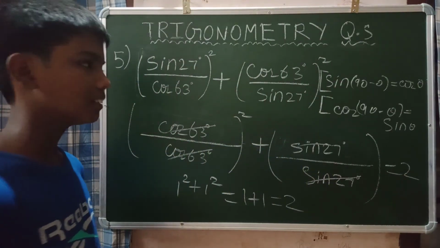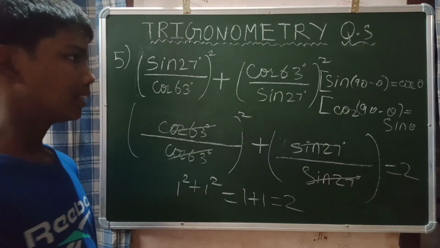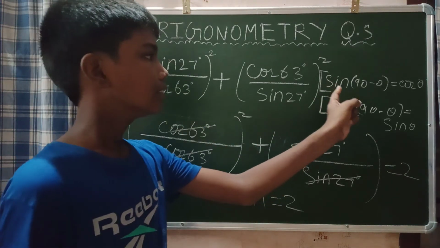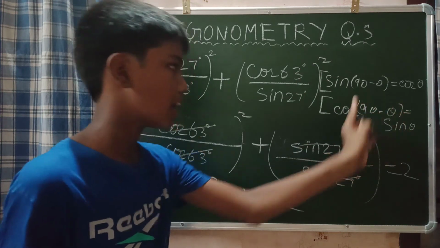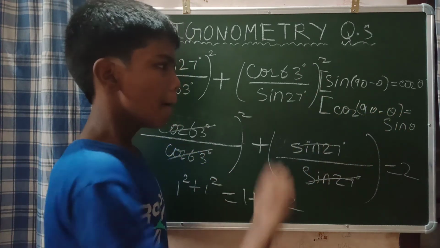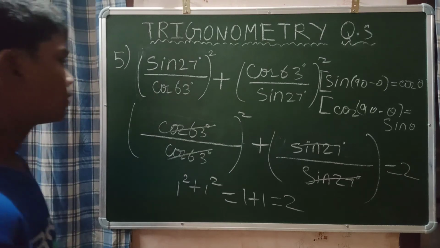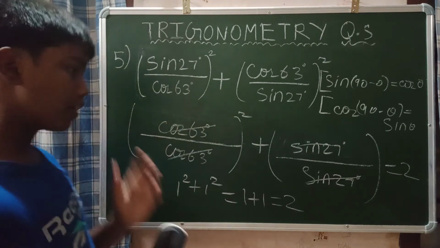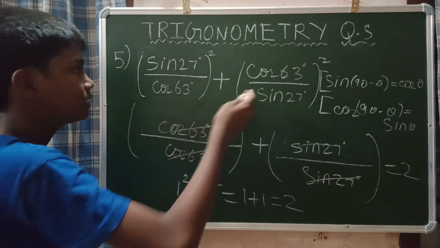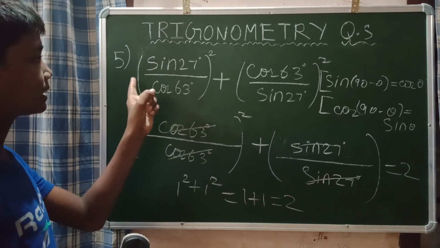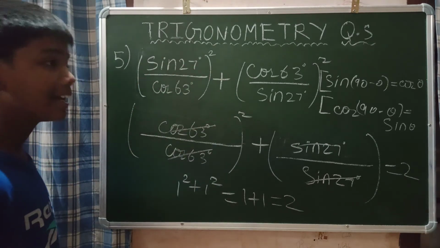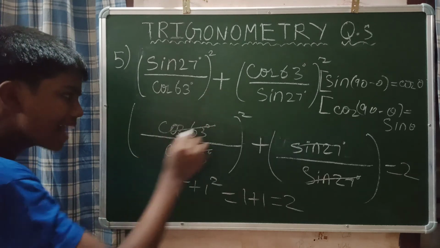We did this question with a simple method, using the formula sin 90 minus theta is cos theta and cos 90 minus theta is sin theta. Please remember this formula. The reason I wrote it as sin 90 minus 63 degree was because we can directly cancel it.